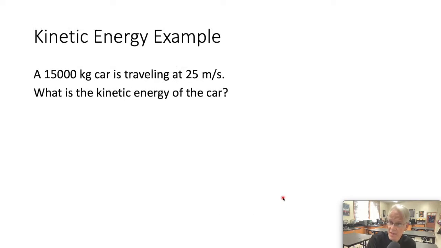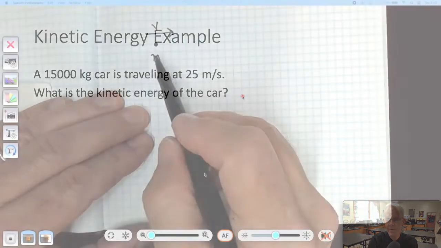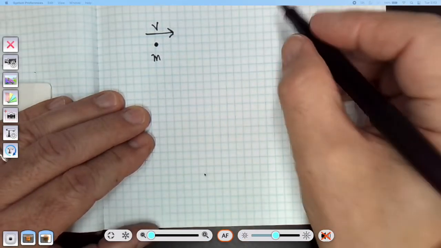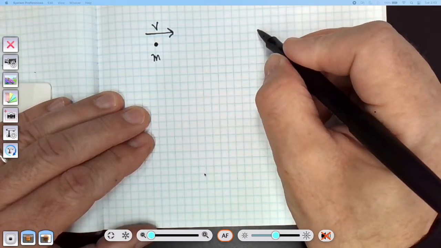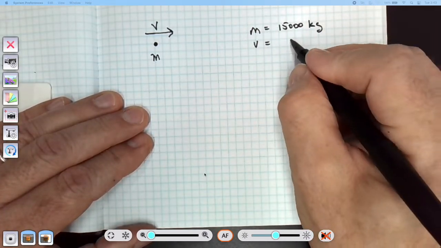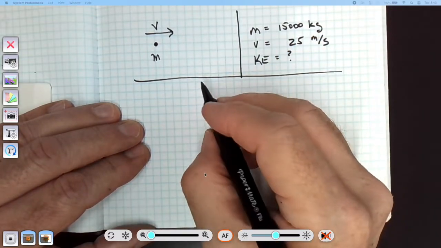Let's do a quick example. Let's say we have a 15,000 kilogram car traveling at 25 meters per second. What's the kinetic energy of the car? Here's our mass. It has a certain velocity. Write down the knowns and unknowns. Our equation.